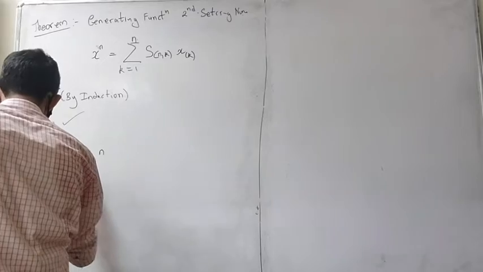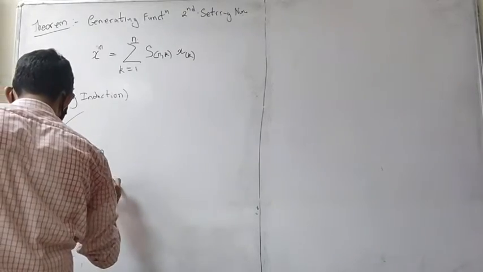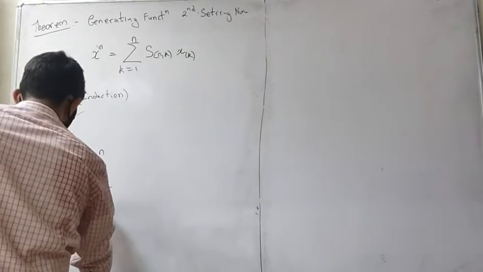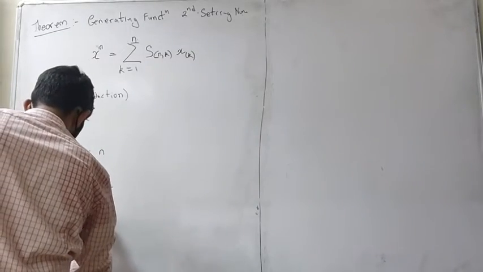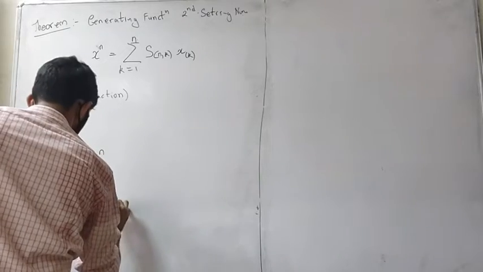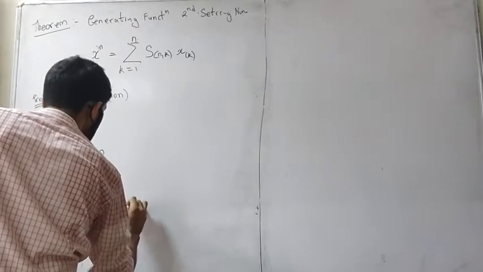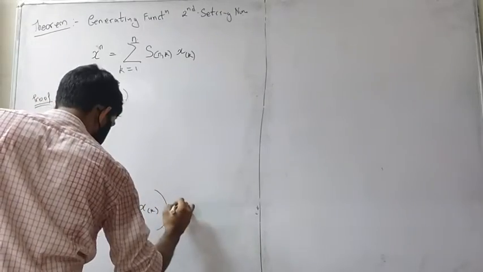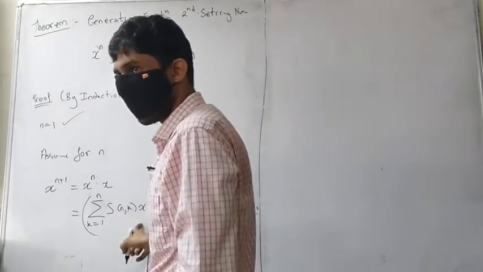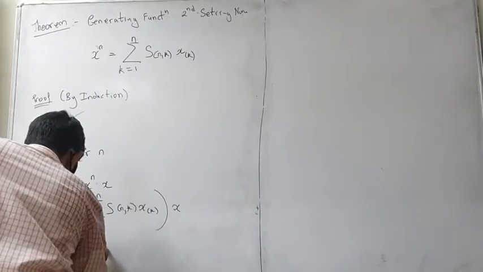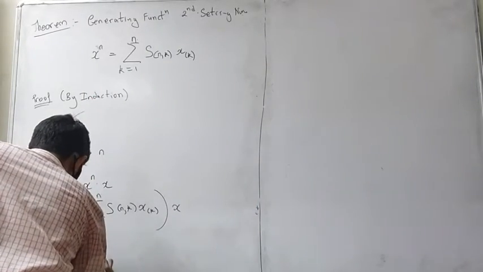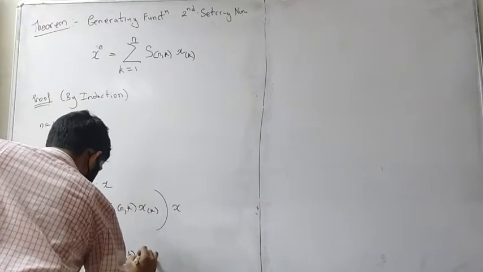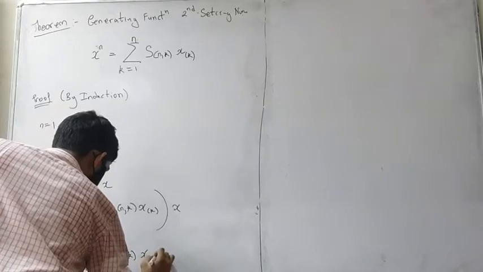x^(n+1), we all know that x^(n+1) is nothing but x raised to n times x, right? So this x raised to n by assumption is the summation, k going from 1 to n, of S(n,k) x_k, times x. I'm going to multiply this x inside like just before, x_k times x.